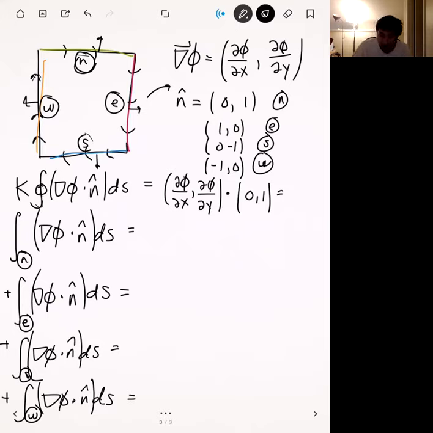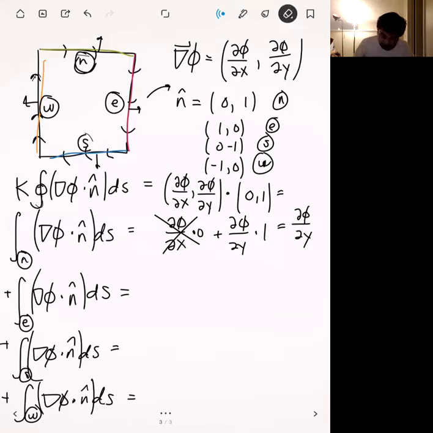We take the first components and multiply them with each other, so we have d phi dx times 0 plus the second component d phi dy times 1. Of course, d phi dx times 0 is just 0, and so we're left with d phi dy, positive.